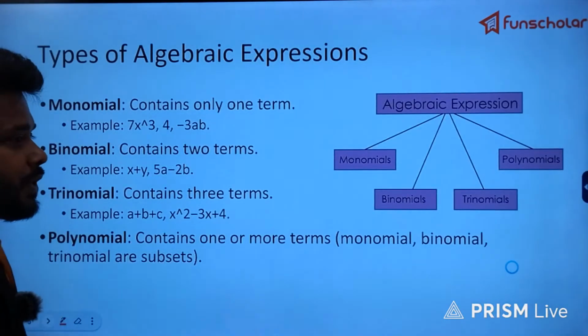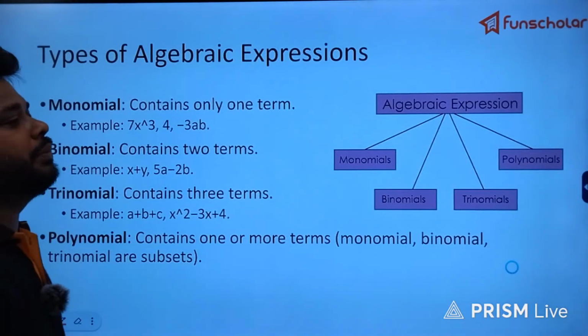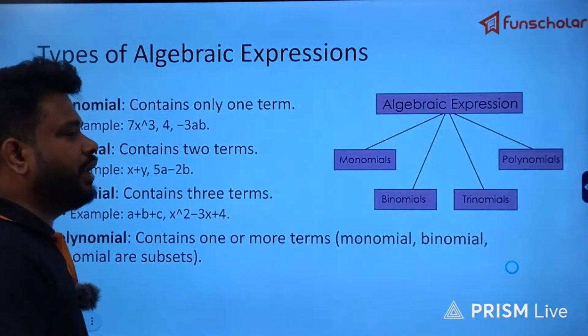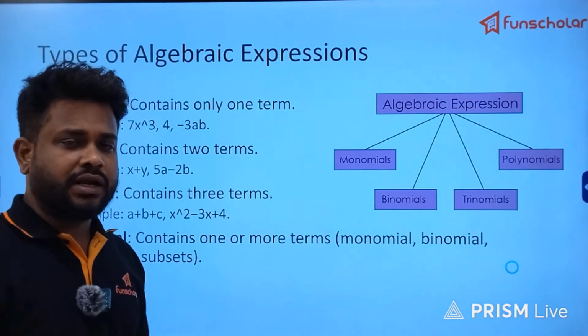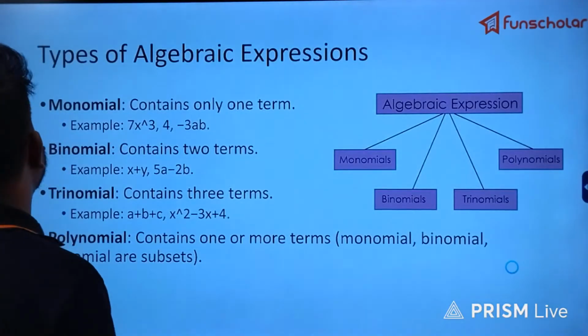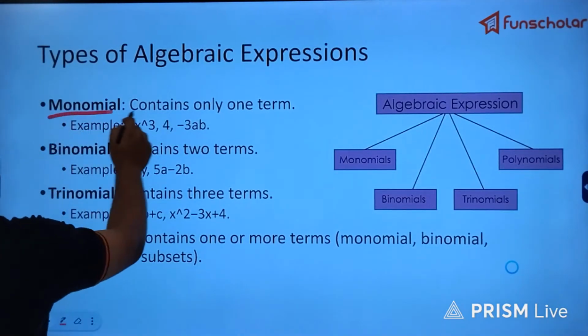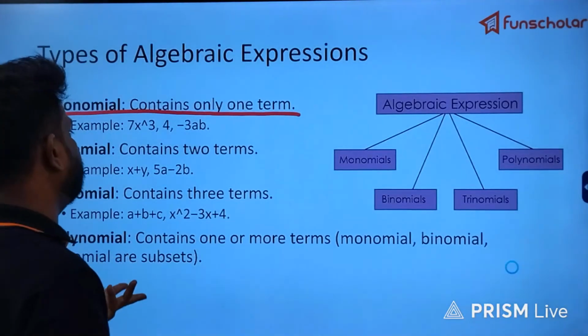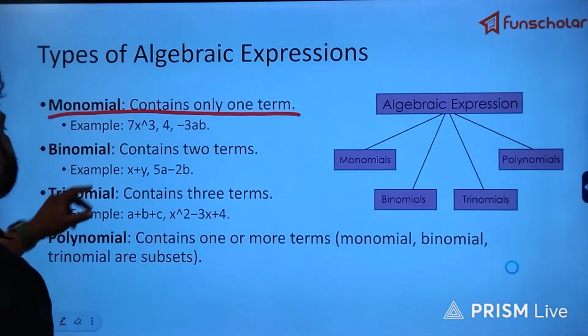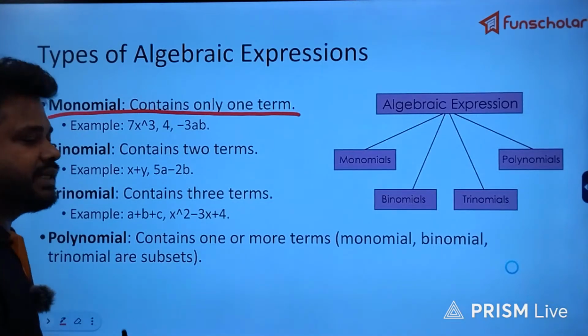Next, now we will be studying monomial, binomial, which we have already been learning starting from class 6. Monomials are the algebraic expressions which contain only one term, just like 7x to the power 3, 4 minus 3ab.